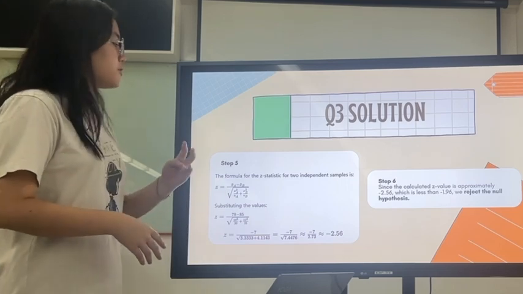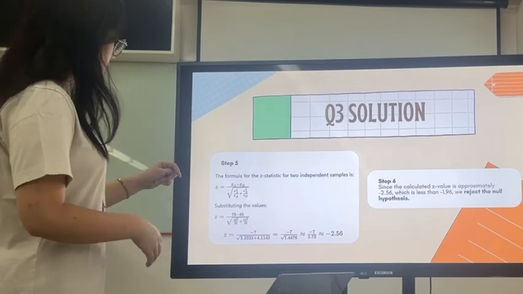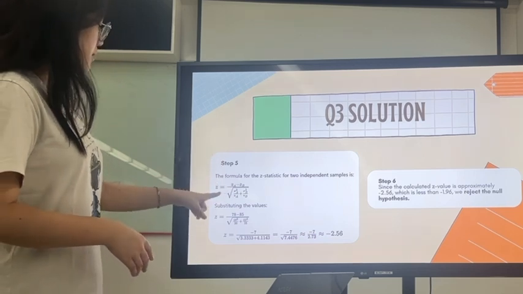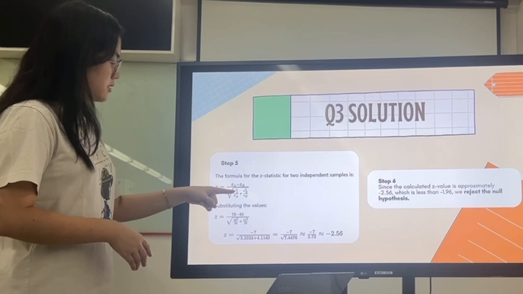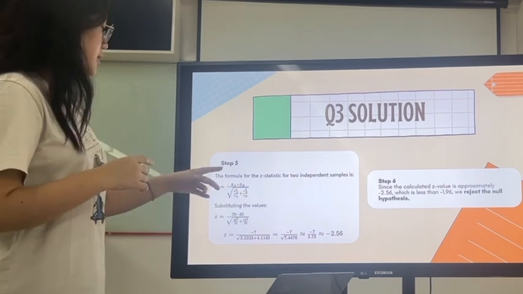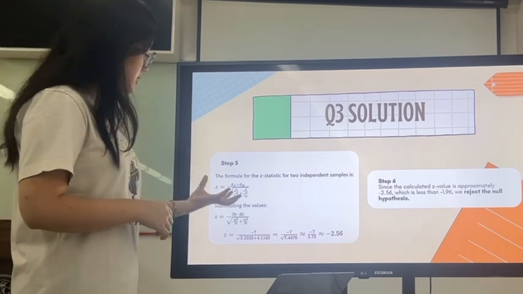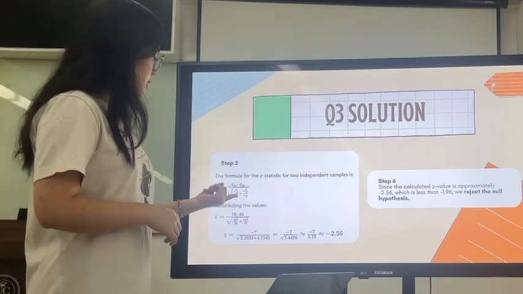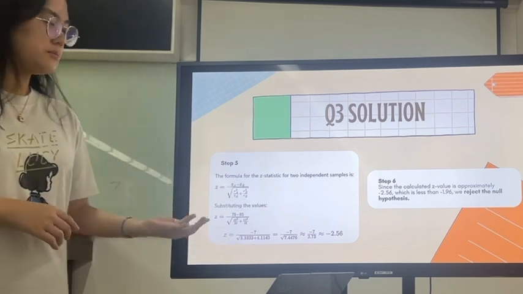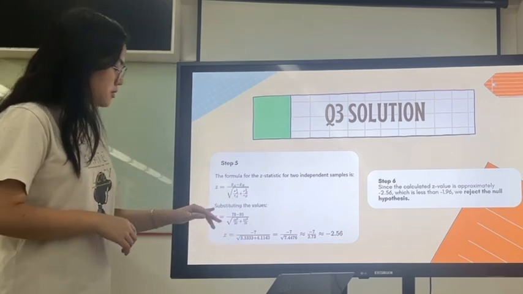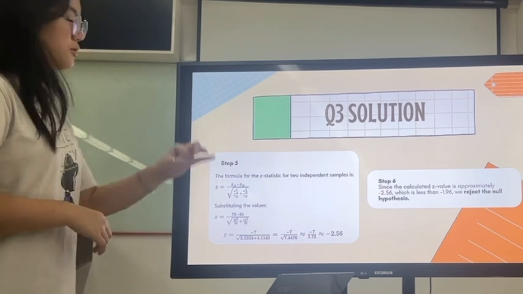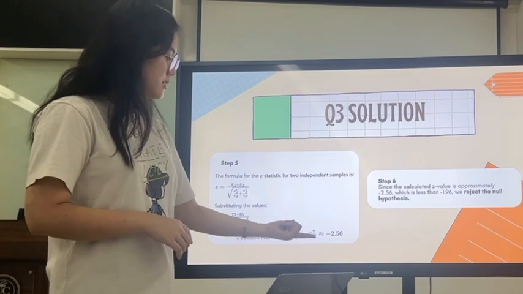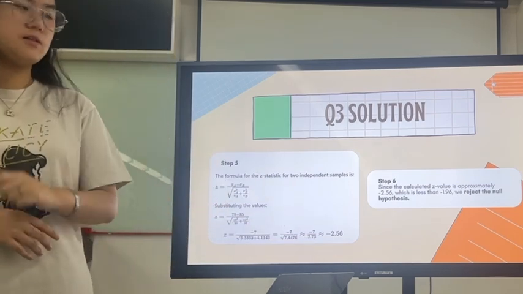The formula for the z statistic is z equals mean A minus mean B, divided by the square root of the standard deviation of A squared over the sample size of A, plus the standard deviation of B squared over sample size B. After substituting the values into the formula, we find that z is approximately minus 2.56.